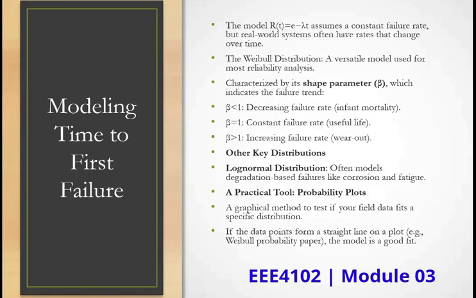You can then use the slope of the line to estimate the shape parameter better. So this is practical and data-driven, based on the data that you collect. It is very reliable for engineers, since it is not guesswork but goes all the way from the data you've collected from your components, which you then plot.